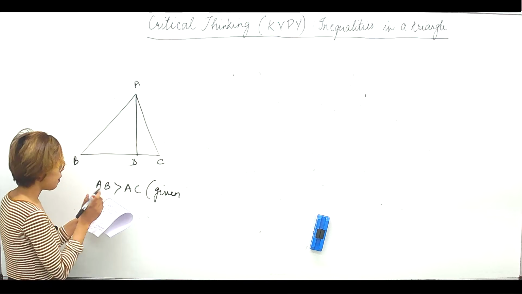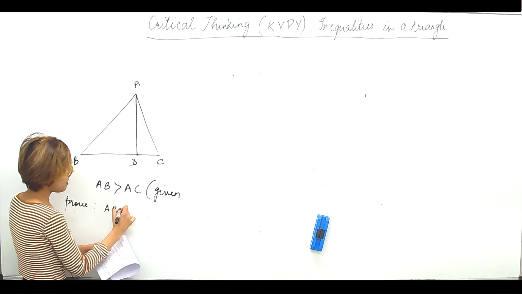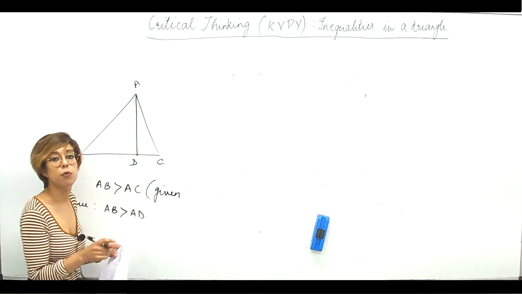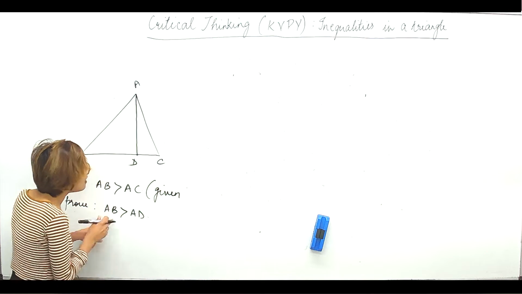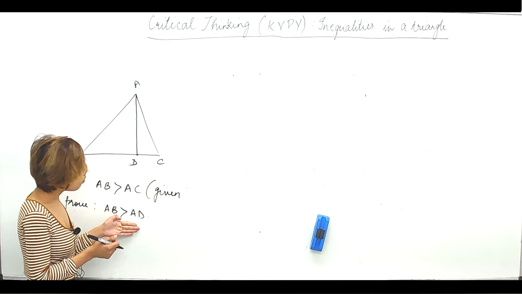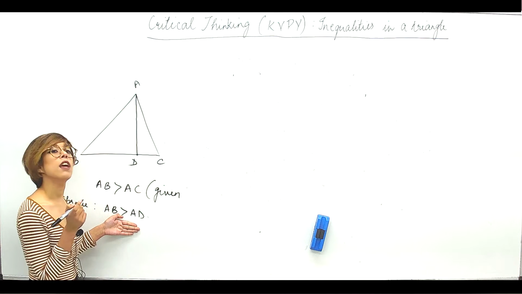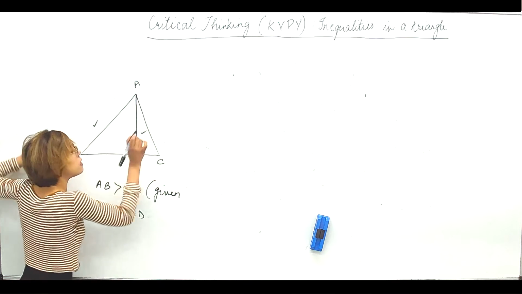Now I need to prove that AB is greater than AD. I need to show that a side is greater than the other side, so I have to go to inequality in sides. How will we go? Through angles.